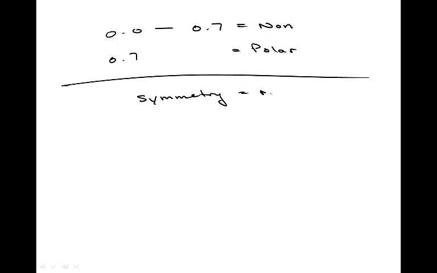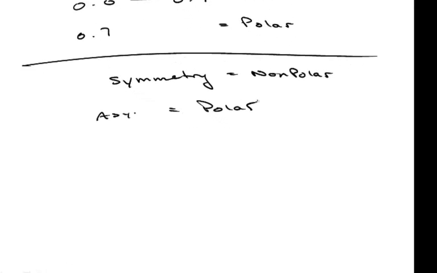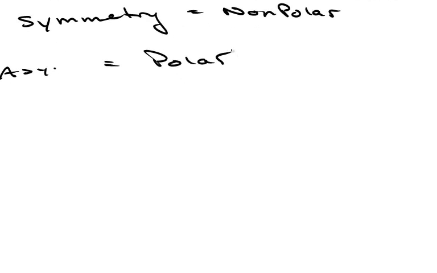If it's symmetrical, it's nonpolar, even if the electronegativity difference is greater than 0.7, because remember, equal and opposite poles. If it's symmetrical and the electronegativity poles are equal and opposite, they're going to cancel out. If they cancel out, it's going to be nonpolar. Asymmetrical will tend to be polar. Good luck!